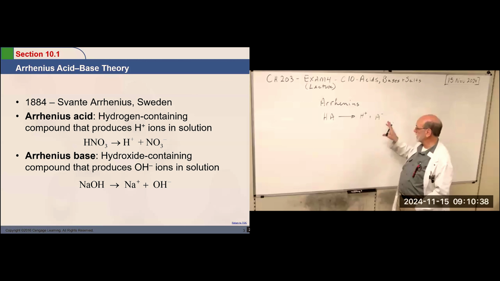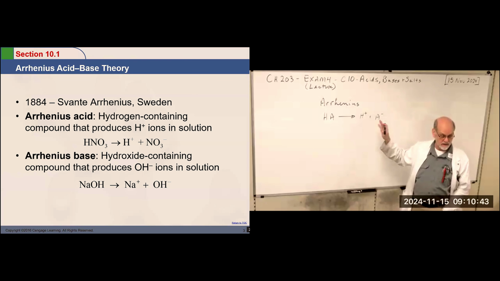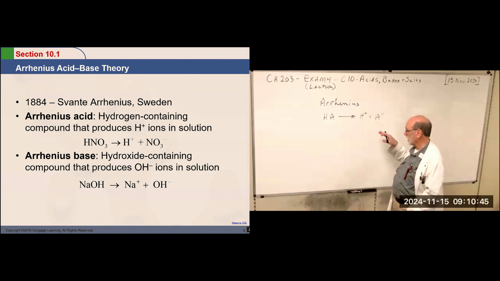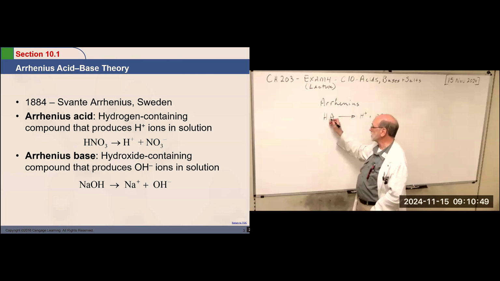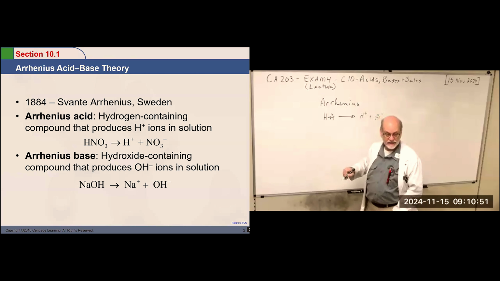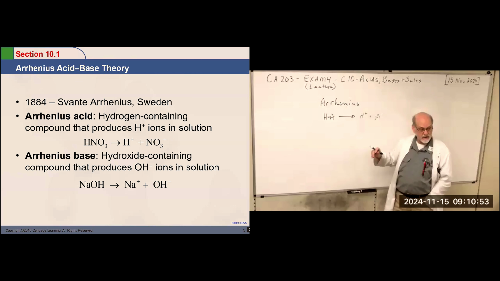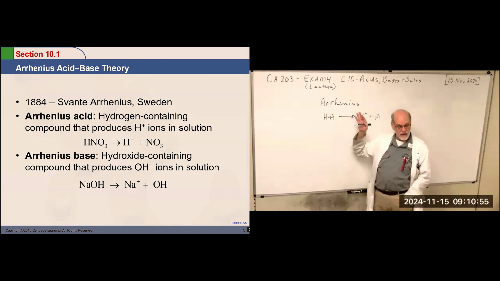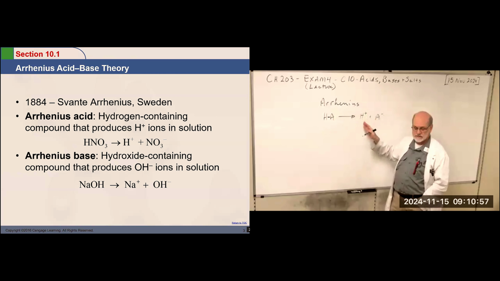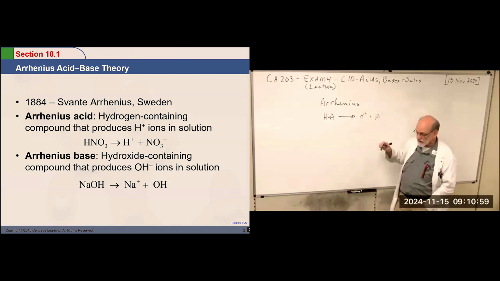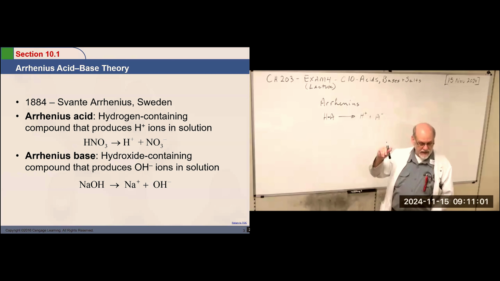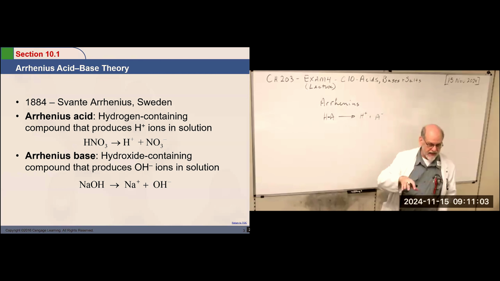This is the simplest expression of an acid dissociation in water. And in fact, we call it ionization because this bond is covalent. So we actually have to break that covalent bond to give us this ion. That's the Arrhenius concept of an acid.